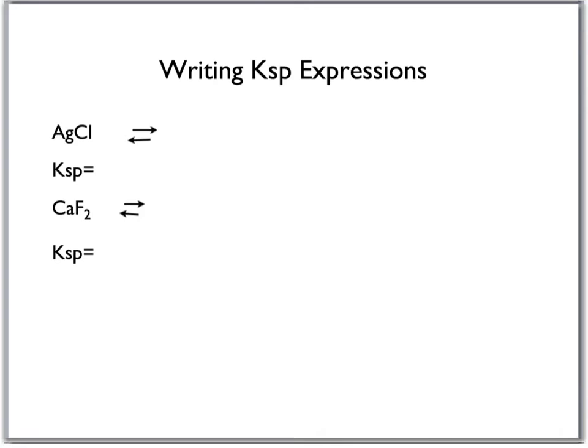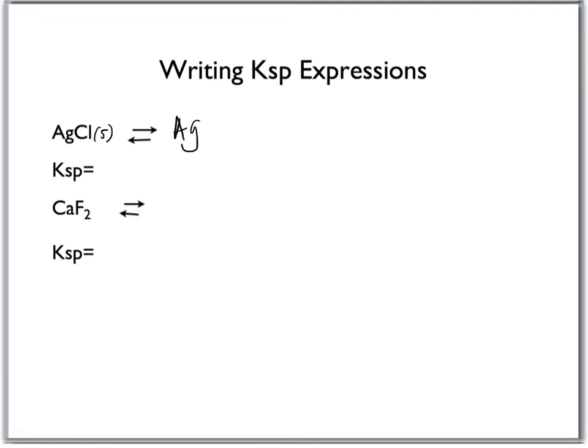Okay, so let's have a little bit of practice writing KSP expressions. First, if we have AgCl as a solid and it dissociates a little bit, typically silver chloride, I know it's a solid, but a tiny bit of it will actually dissociate. Most of it will stay together as a molecule, but every now and then a few will break up.